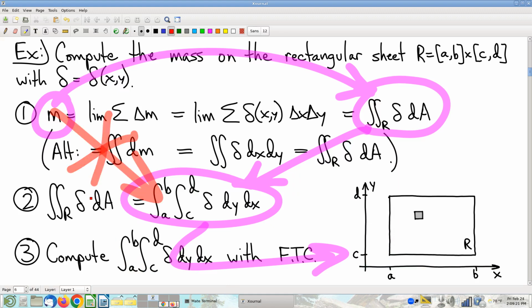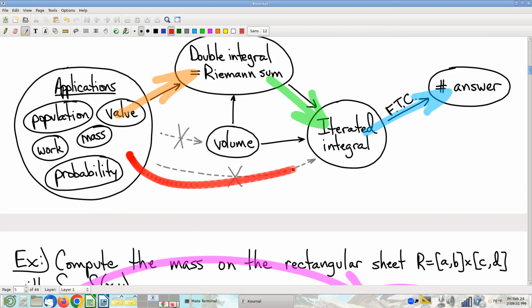Please do not just immediately declare the answer to your application as being an iterated integral. Because after all, that's this move. And we've agreed that doesn't make sense. The pieces don't fit together. As an argument, it doesn't hold water. It's just not appropriate. So you can't do that.